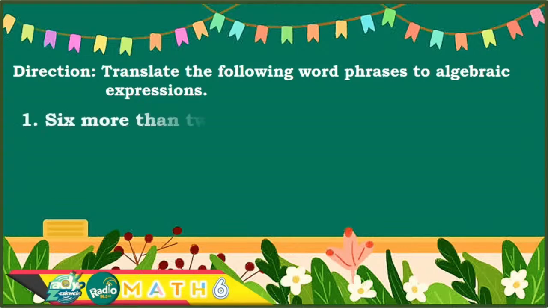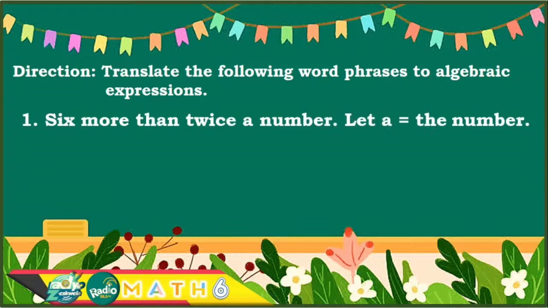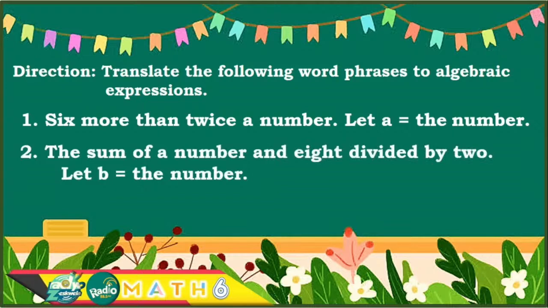Number 1, 6 more than a number, and let A equal the number. Number 2, the sum of a number and 8 divided by 2.